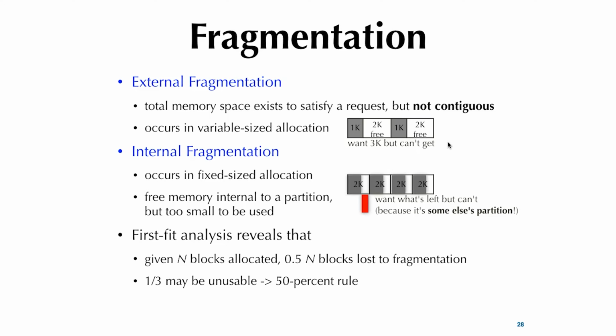What's internal fragmentation? Internal fragmentation is, well, I'm gonna divide up the memory, and in this case, 8K memory into 2K partitions. So I have 4 partitions, each one 2K, right? And then now 4 processes are using them. But the first process, well, it doesn't use 2K.